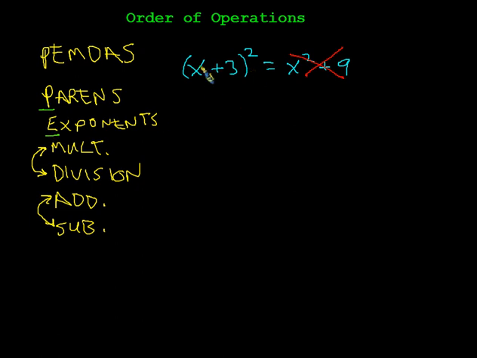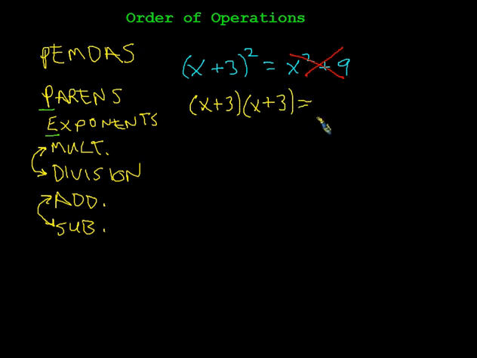So until we add those together, we're not allowed to go in and apply this exponent to this term and this term separately. The best that we can do is use the definition of the property of exponents, and what that says is that we will make this simply into x plus 3 times x plus 3.